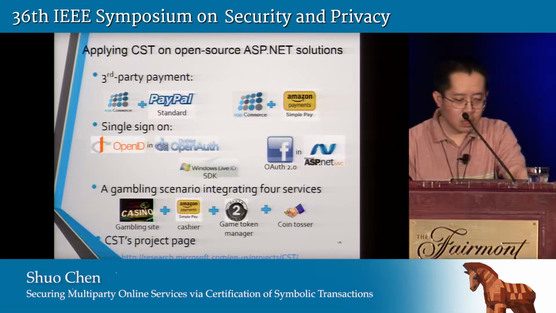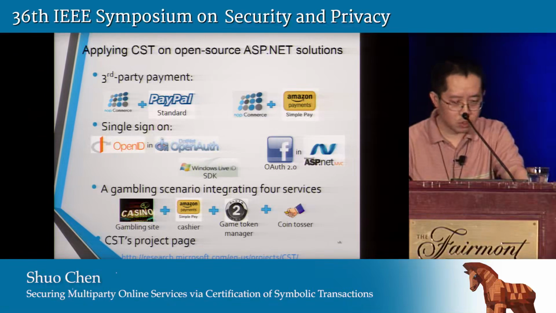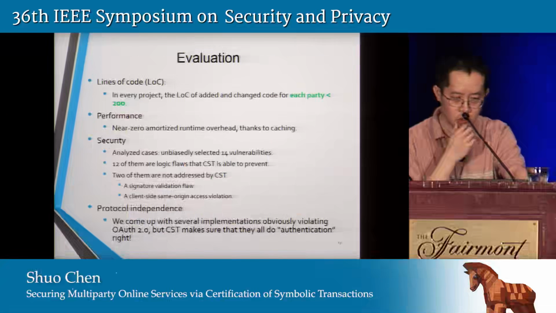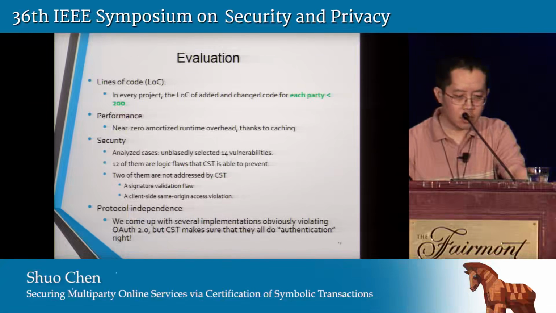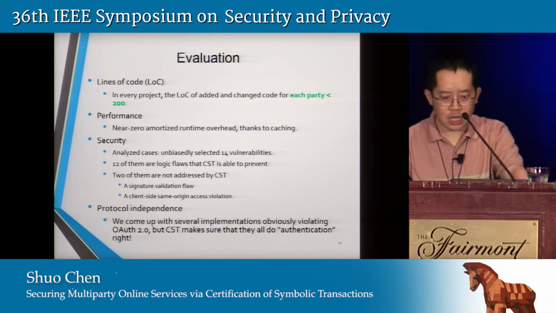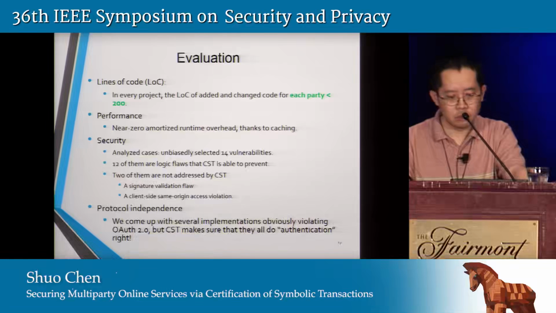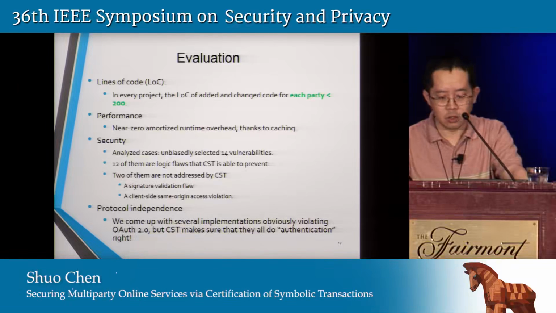All our systems are accessible through our project page. We measured the lines of code that we added or changed in this project, and the numbers are always below 200 lines of code for every party. For performance, because of caching, we are able to achieve a near 0 amortized runtime overhead.